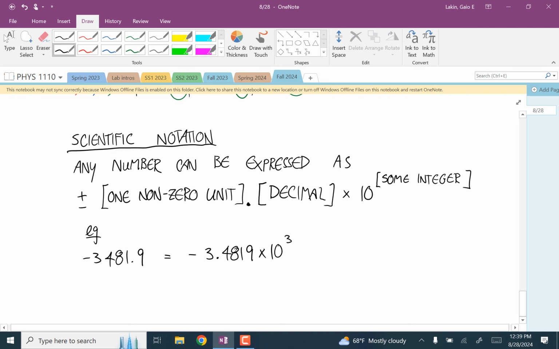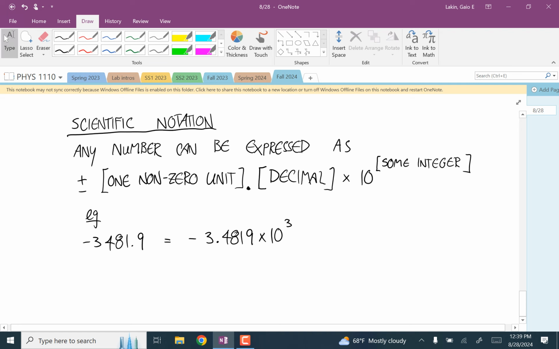Okay, so the sign stays the same. The decimal is in a place where you only have one non-zero digit before the decimal, and then you have an integer as the exponent. And you can also do numbers with absolute values less than 1 that way.